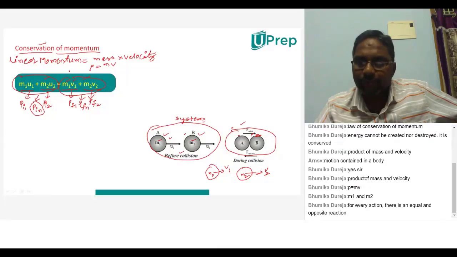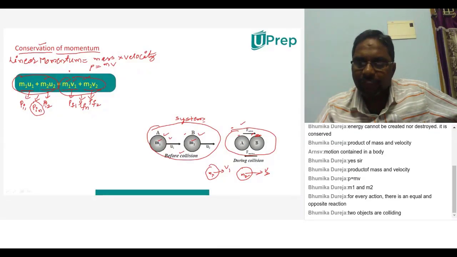When the two objects are colliding with each other, observe carefully. Object A is there, that means the first object.